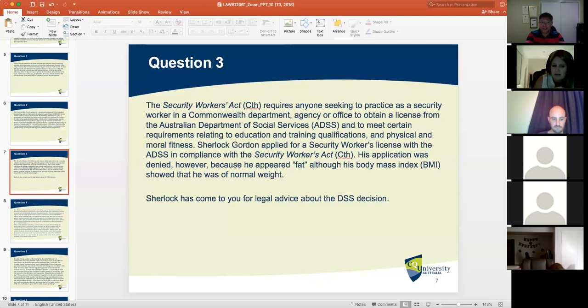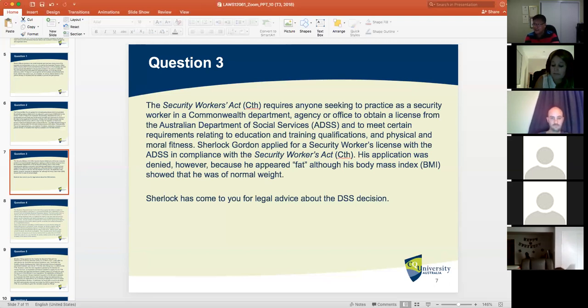I mean, Sherlock has come to you for advice. The question is, what advice would you give in terms of the judicial review remedies? So to be more specific, relying, for example, on Section 16 of the Administrative Decisions (Judicial Review) Act 1977 (Cth), Sherlock can ask for an order, for example, quashing the decision or setting aside the decision not to grant him a license.